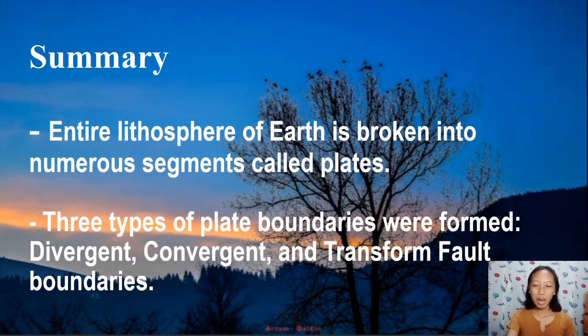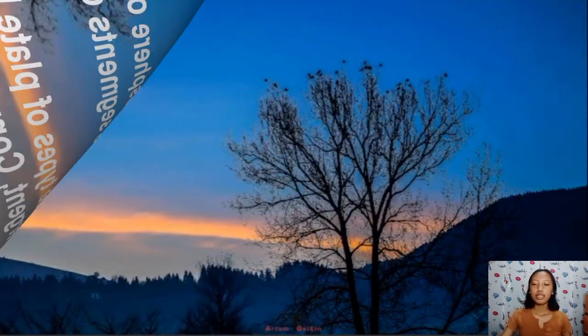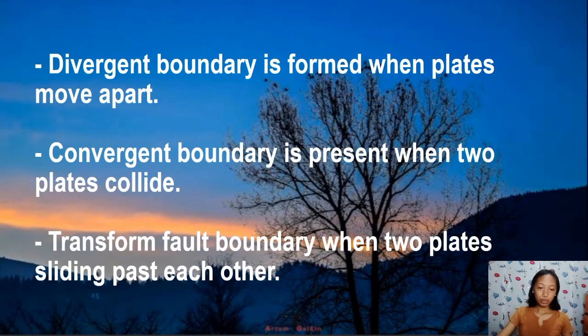So, okay, summary. The entire lithosphere of Earth is broken into numerous segments called plates. So, na-discuss na nato ganina. Then, there are three types of plate boundaries: divergent, convergent, and transform fault boundaries. Divergent boundary is formed when plates move apart. Convergent boundary is present when two plates collide.